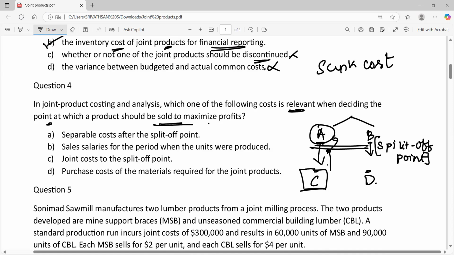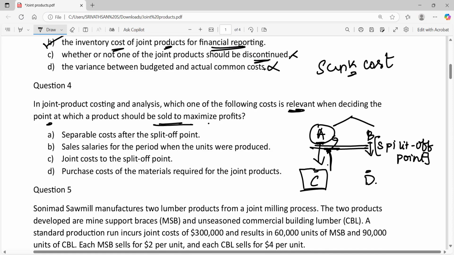So any cost that you have incurred till the split off point is a sunk cost. Why is it a sunk cost? Because from here only we have to decide whether to process it further or not. So any cost incurred till the split off point is a sunk cost, which is an irrelevant cost. Any cost that you are going to incur after the split off point is a relevant cost, right?